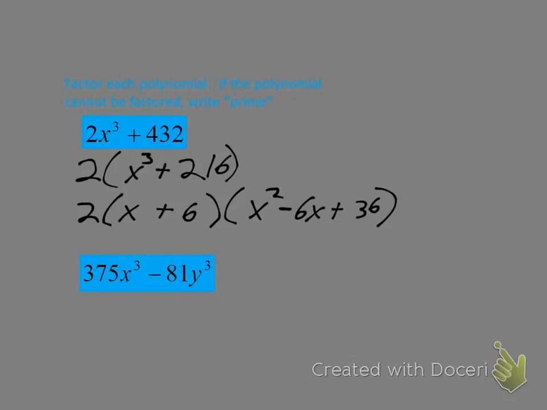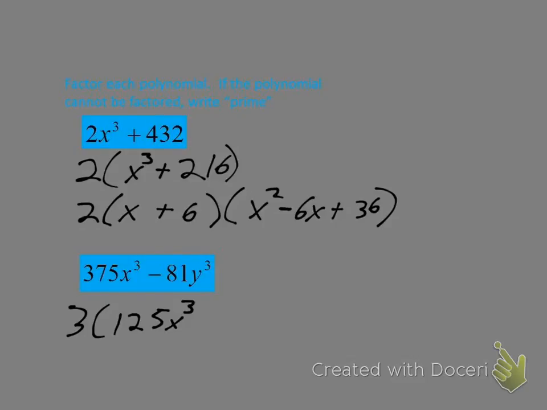All right. The last one up here, 375x cubed minus 81y cubed. Also not prime. It is 3, because 375 divided by 3 gives you what? 125. Hopefully most times one of them, and I don't want this to sound arrogant, but it probably will, should be somewhat obvious as what you need to factor out.